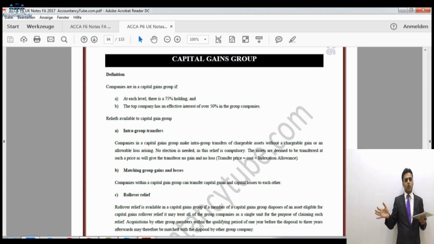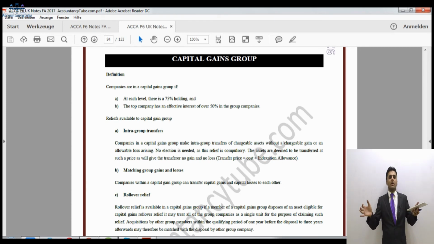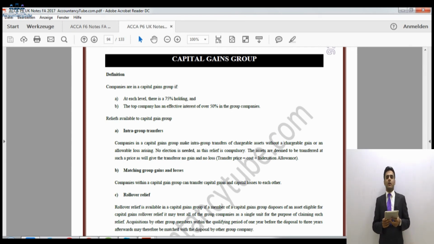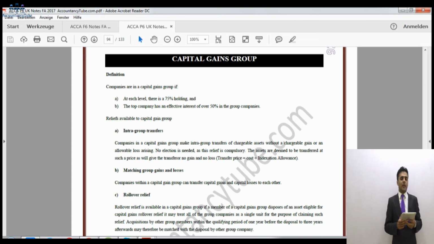Now that can be assumed that it had reinvested, because for the capital gains group purposes, all 3 companies are one single unit. So say for example, one company is selling an asset, another company buying an asset, so that can be matched against that one, which will mean that it has been reinvested in another asset.